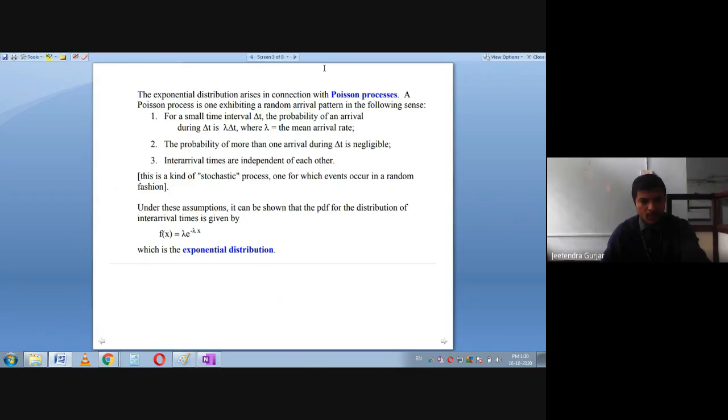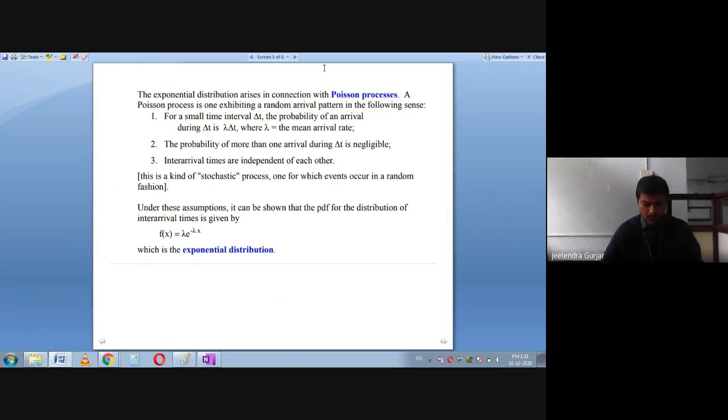For a small time interval delta t, the probability of an arrival during delta t is lambda delta t, where lambda is the mean arrival rate. The probability of more than one arrival during delta t is negligible. It means whatever extra time for arriving it takes, it will be negligible.